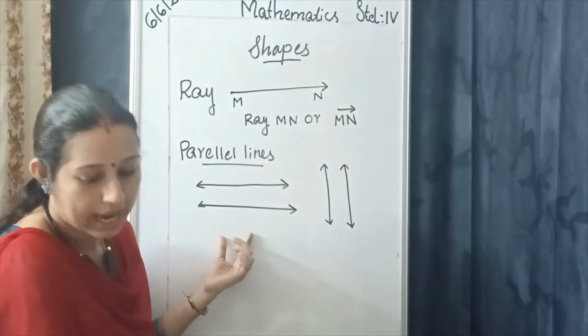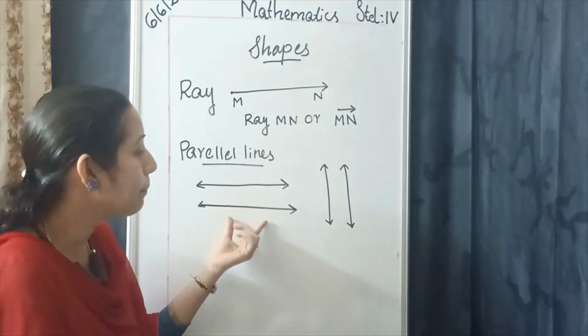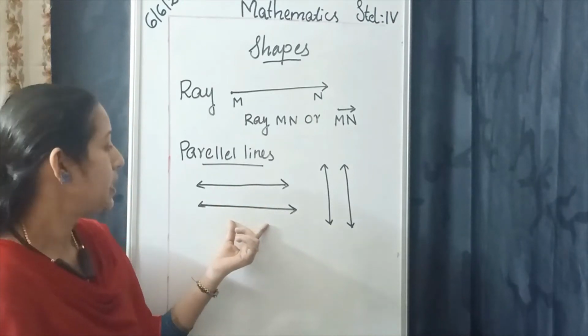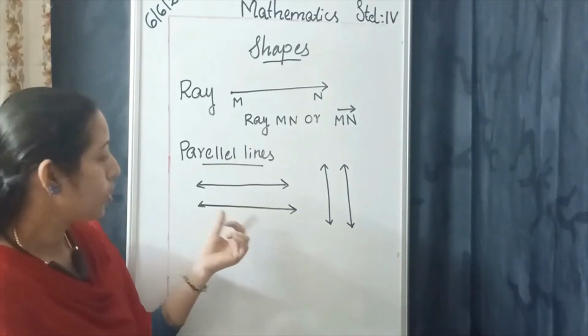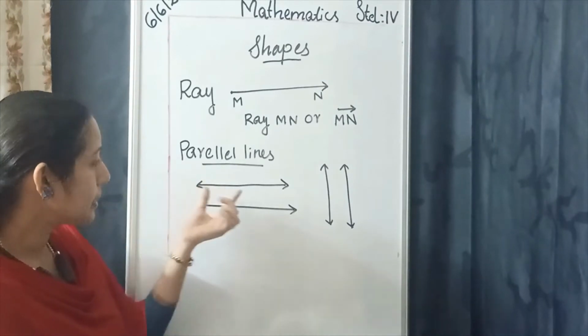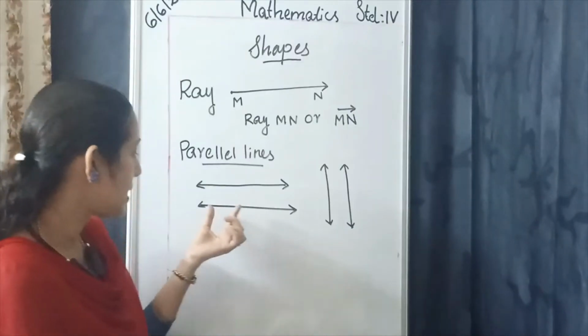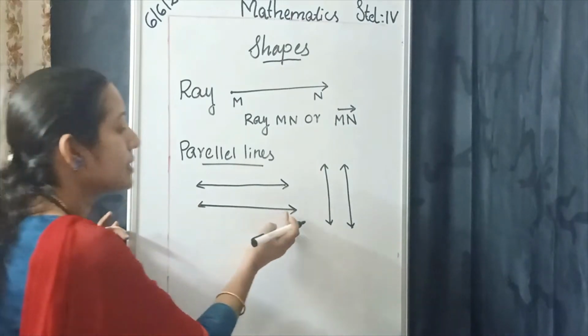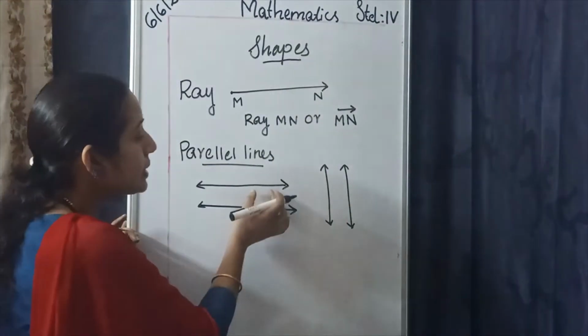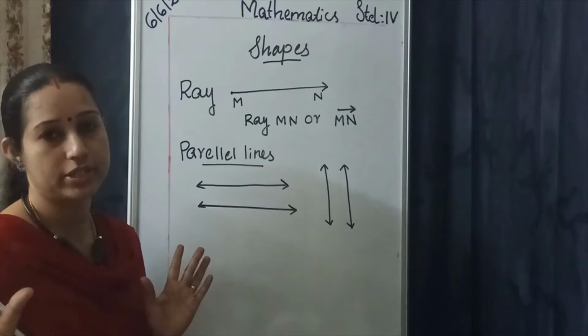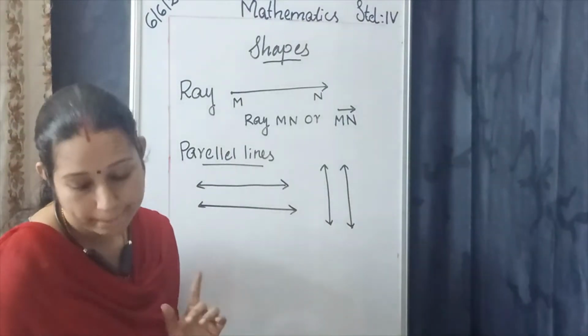The parallels are lines that do not meet anywhere. So, is there any meeting point, no? This line going this way and this line going this way. This line extends in this direction and this line going this direction. And there is no meeting point.